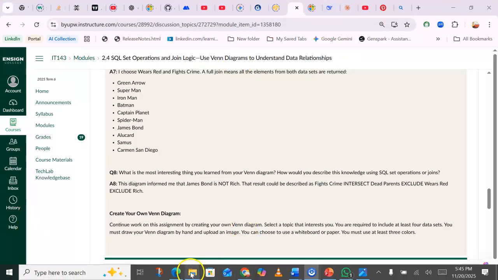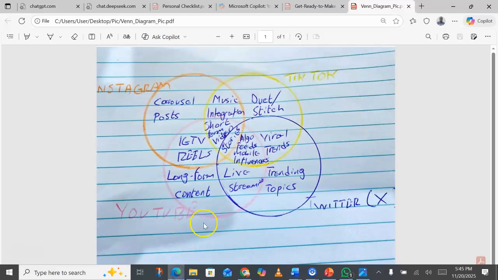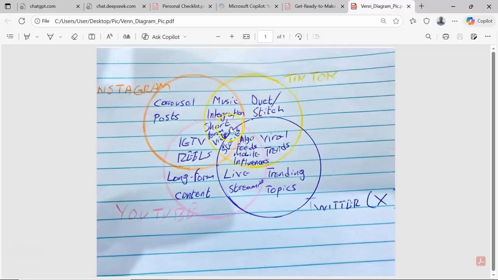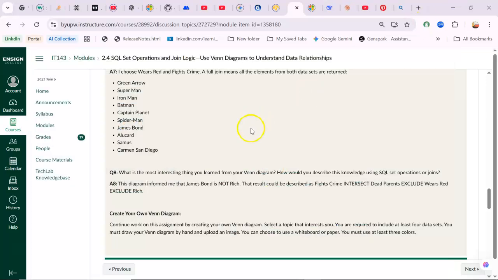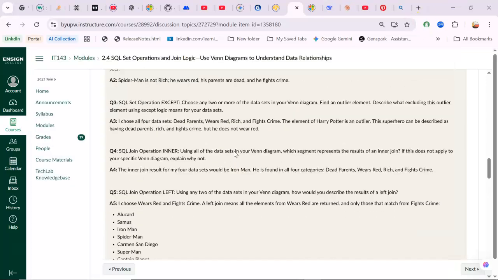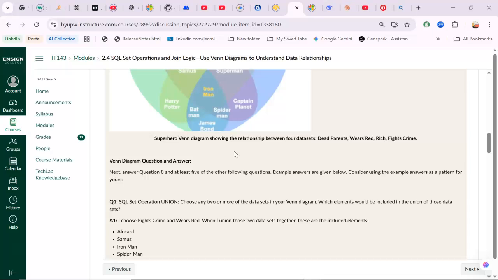So with that being said, the next is my diagram, and I'm sorry about my handwriting. I'm comparing these social media platforms, and I have Instagram, TikTok, and YouTube here. Let me go back to the board. Same questions.